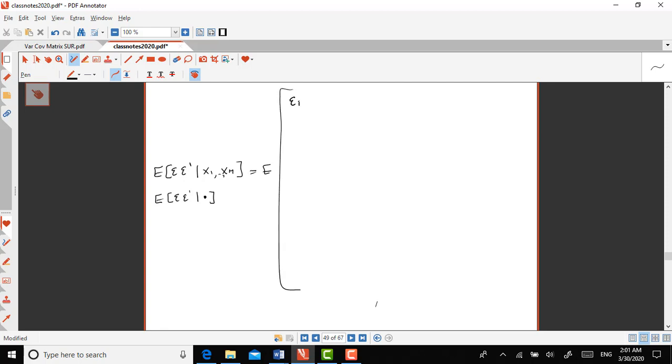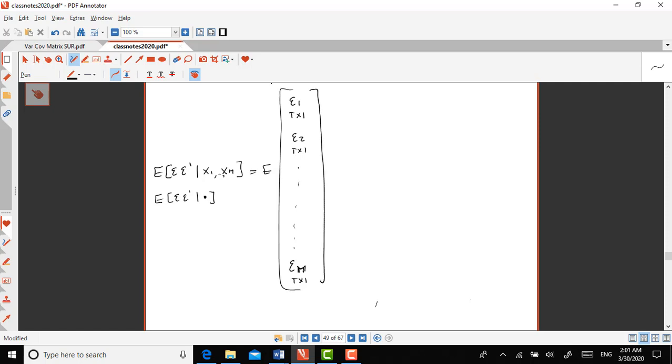First we have e_1, which is the vector of errors for the first equation. We have e_2, which is the vector of errors for the second equation, up to e_M, say M equations. Remember these are vectors.